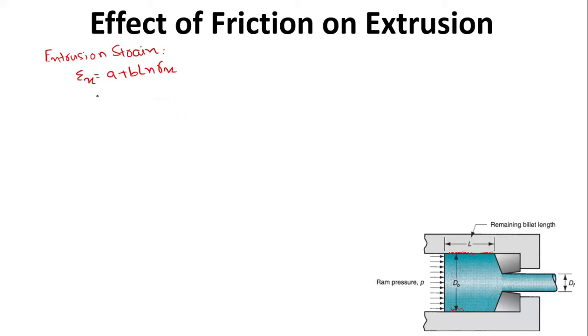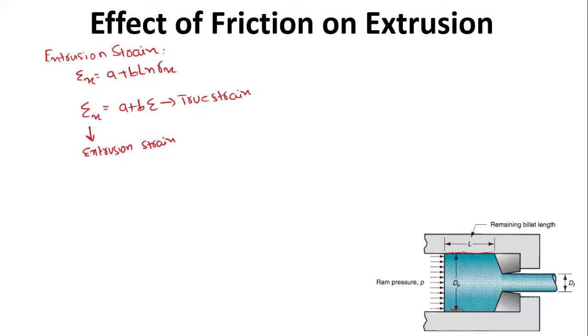You can simply write A plus B times the true strain. So this is the true strain value and this is the extrusion strain. This is the empirical observation, right? Empirical means it has been observed by experimentation during the practical methods.